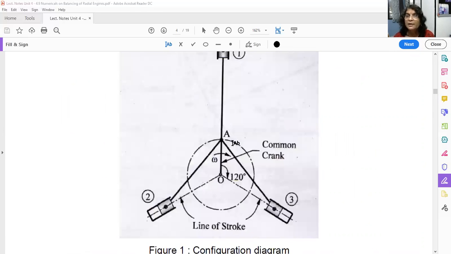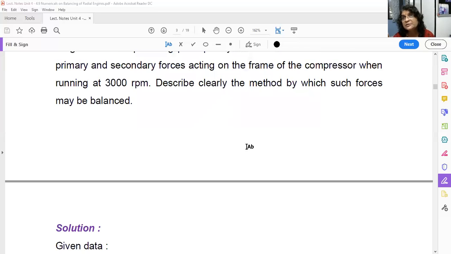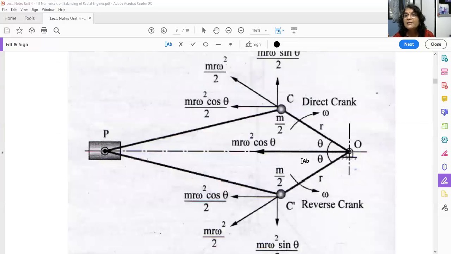Now see, here it is a crank. OA is the crank. Then A1, A2 and A3 are the connecting rods, and O1, O2, O3 are the lines of stroke. Now what you have to do, if you remember the concept of direct and reverse crank: the unbalanced force m r omega square cos theta is your primary unbalanced force.